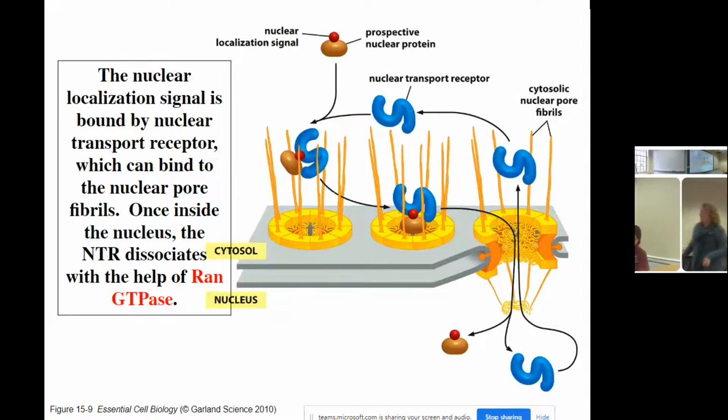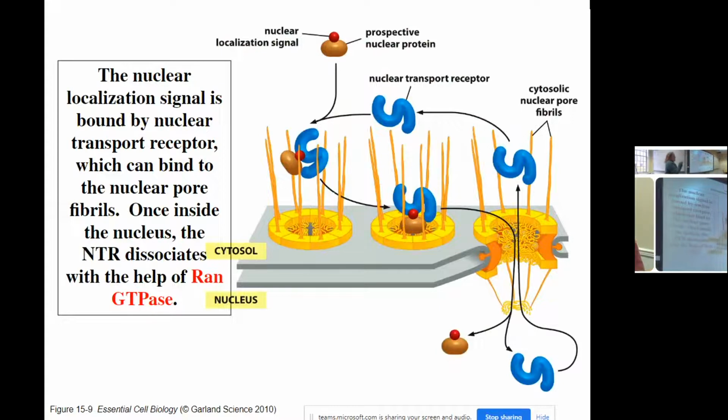Okay, so now we've got more detail of what the nuclear pore complex looks like, and this always looks like a donut with a cherry on top or something. So delicious. It's a nuclear protein that needs to be doing its job inside the nucleus, and that little red bump is its nuclear localization signal, or its fanny pack, or its tag that's going to help it get into the nucleus.